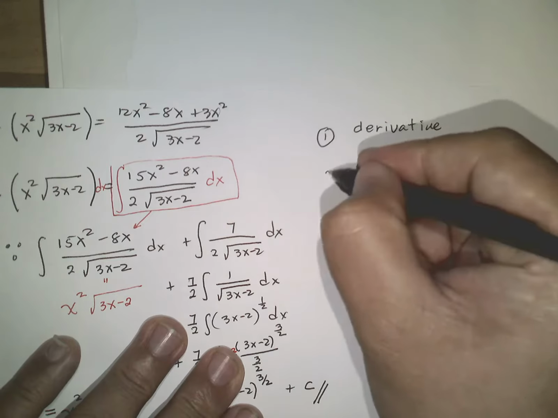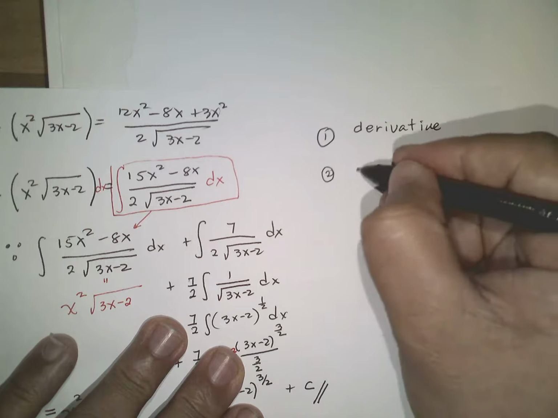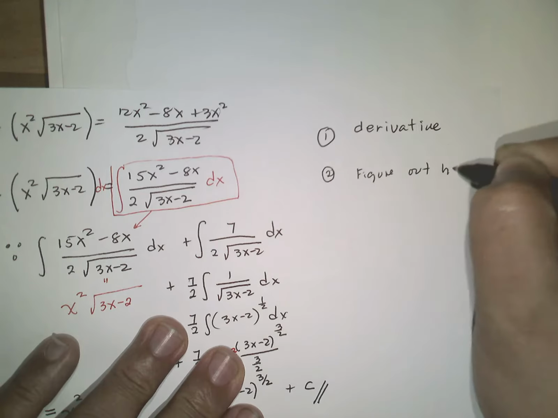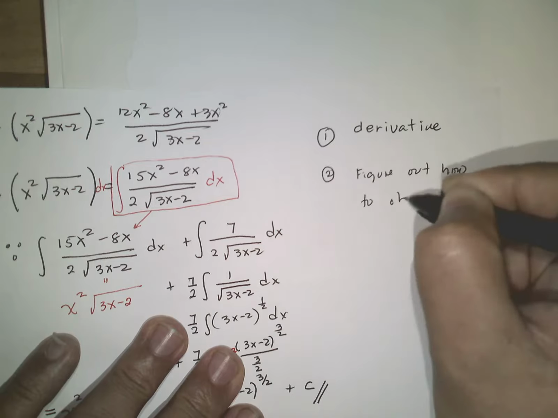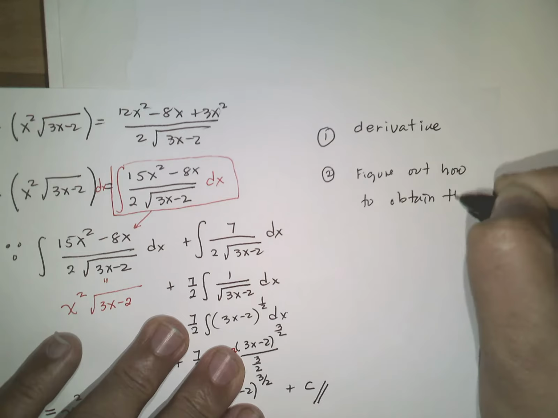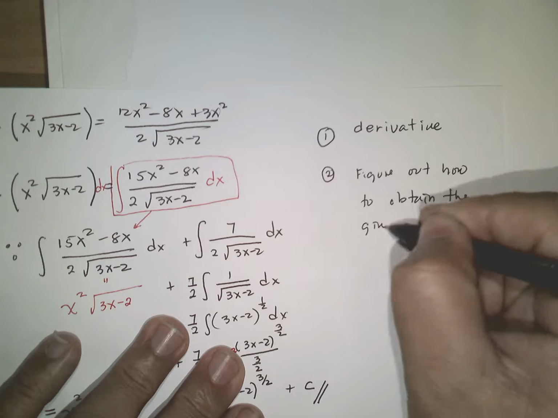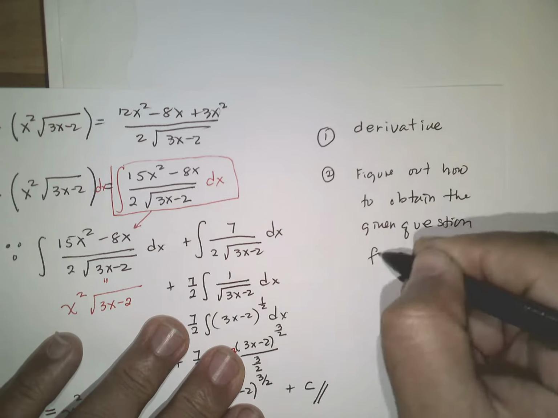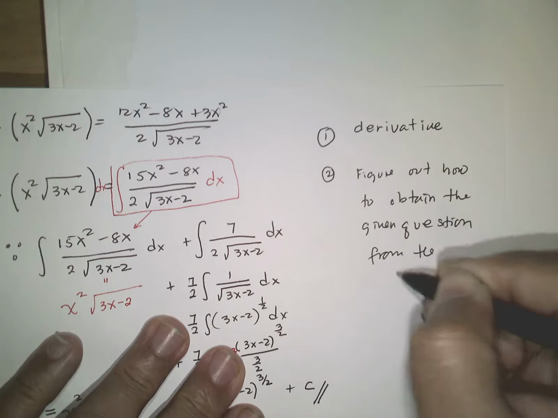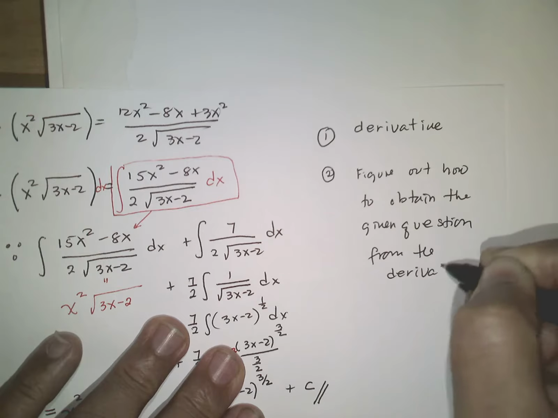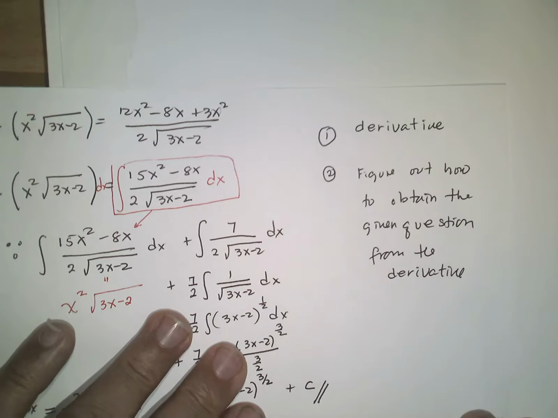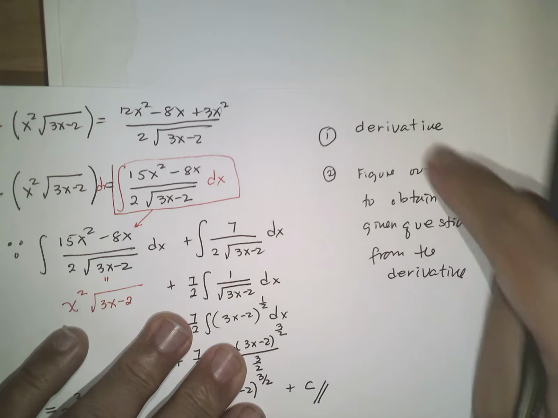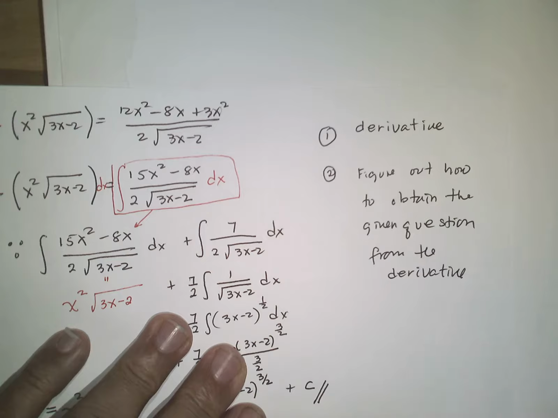After finding the derivative, find ways or figure out how to obtain the given question from the derivative, because those two are always related with each other. This one, the derivative there, and the questions are always related with each other.